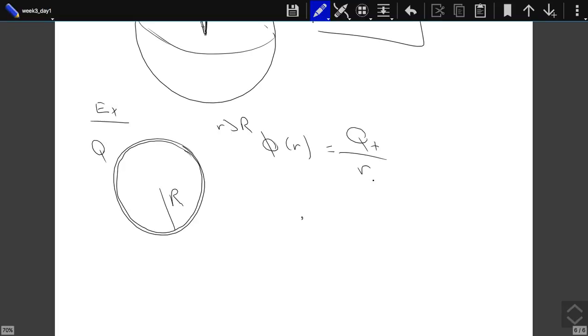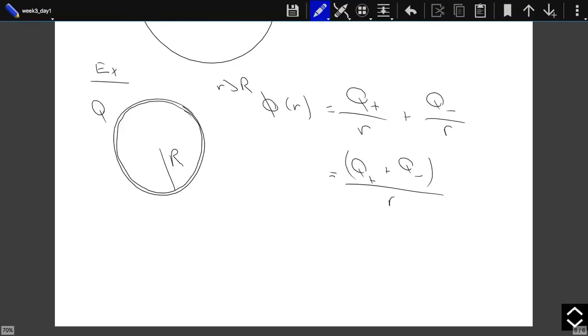Do you agree? Plus the charge of the negative shell divided by r. So this is equal to q plus plus q minus divided by r, and this will be 0, right?